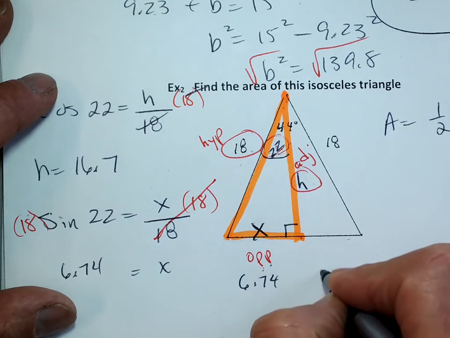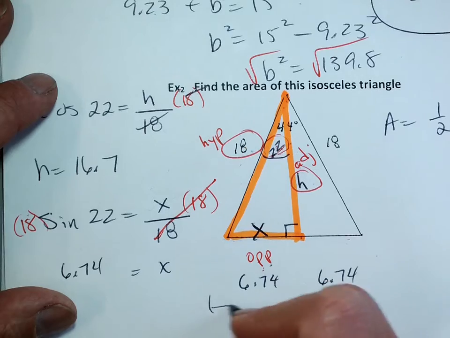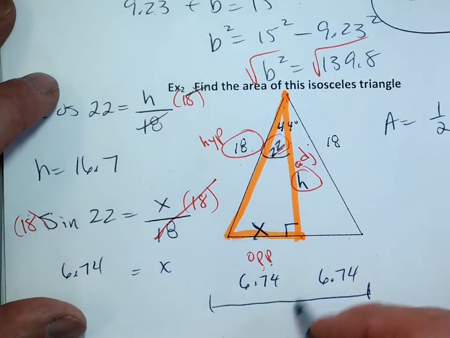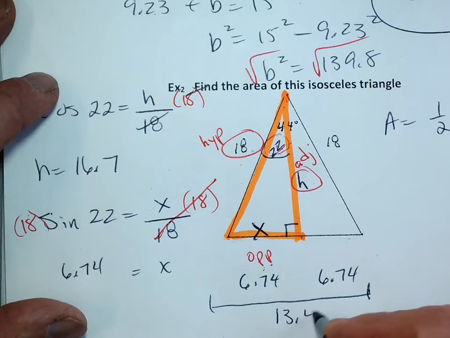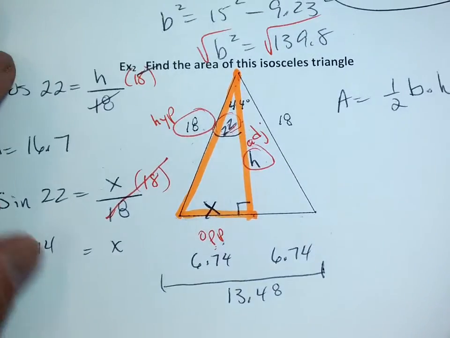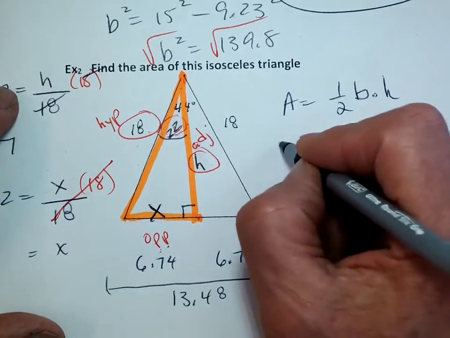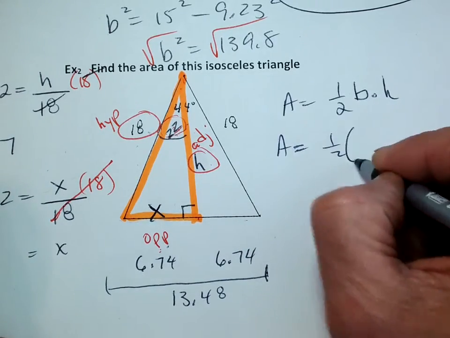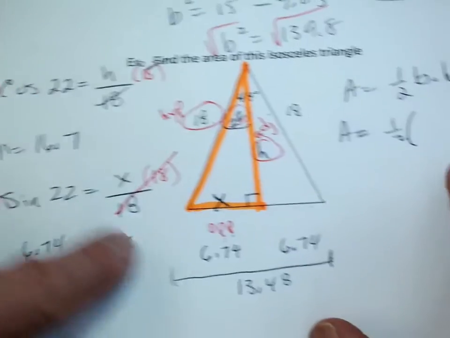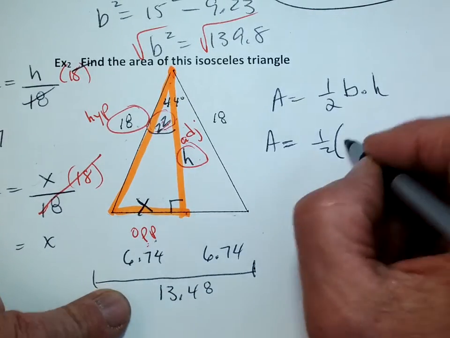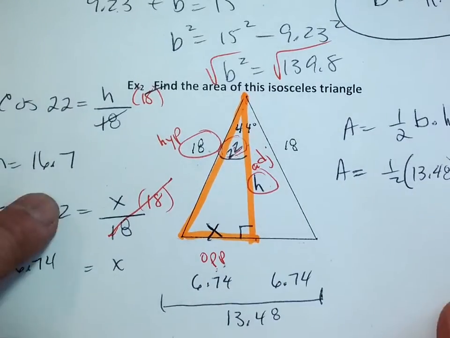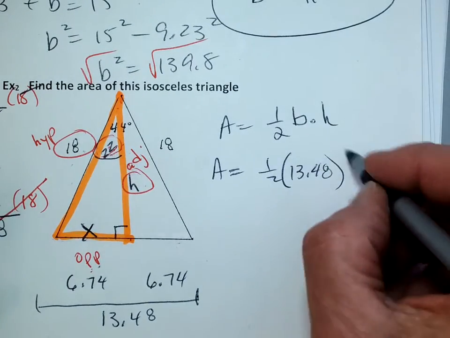So this is 6.74, and so is this, right? So the entire base is 6.74 plus 6.74, which is 13.48. So the area of this triangle is equal to 1/2, because that's the triangle formula, base times height. My base is 13.48 times my height, 16.7.